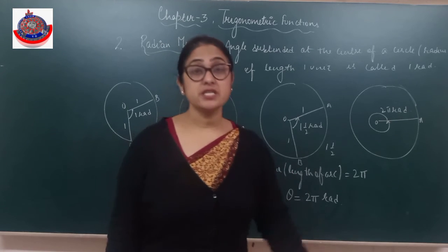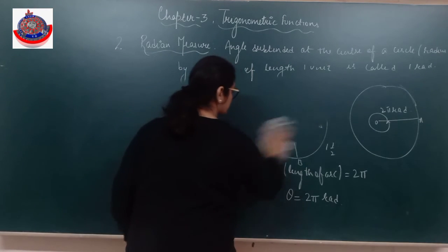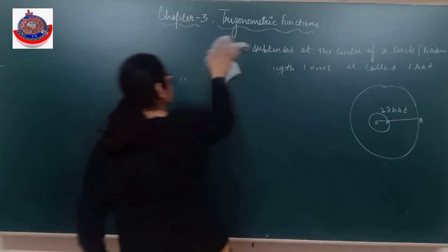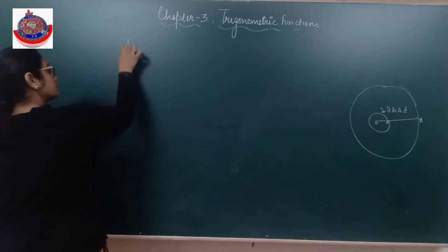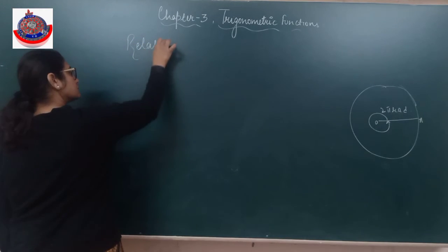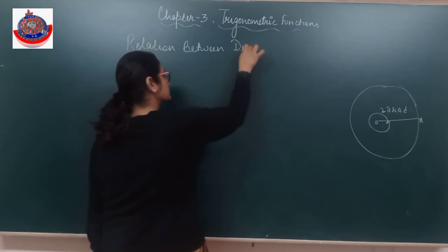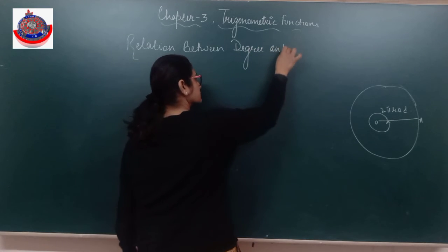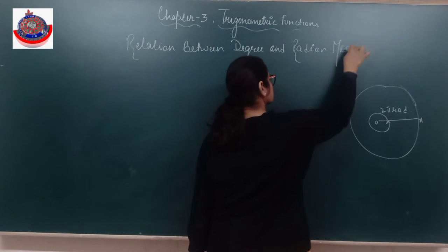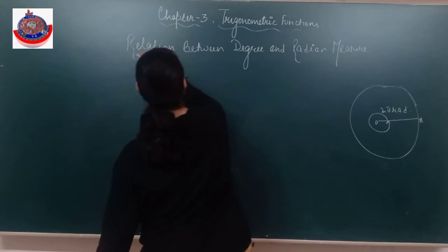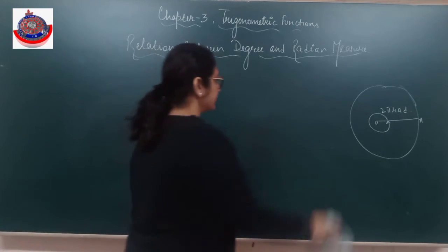So what is the relation between degree and radian measure? Now what is the relation? Now I'll make this diagram on this side.